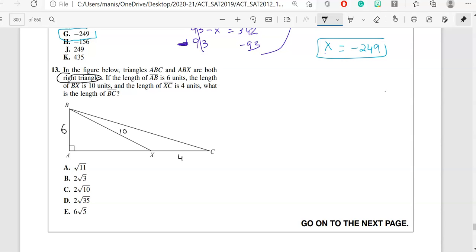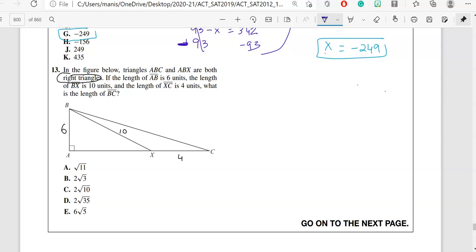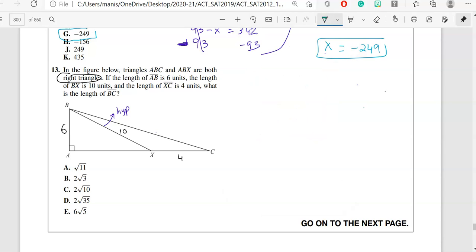What is the length of BC? Now before I do anything, while looking at the question, it came to my mind, since BAX is a right triangle, this will be your hypotenuse. Similarly for triangle BAC, this is another hypotenuse.